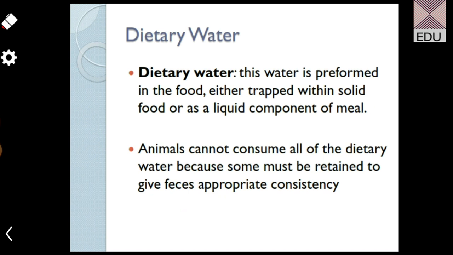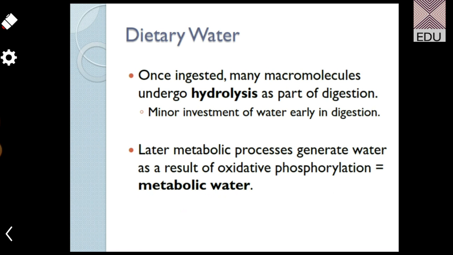This is very important. Now once ingested, many macromolecules undergo hydrolysis as a part of digestion. So a minor investment of water early in the digestion can take place. Now the later metabolic processes generate water.